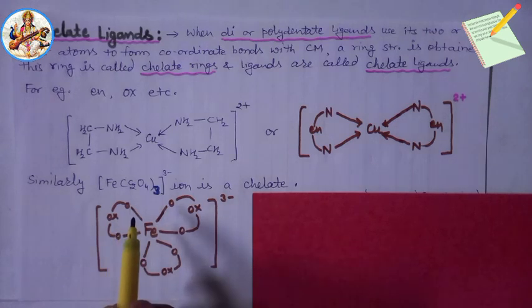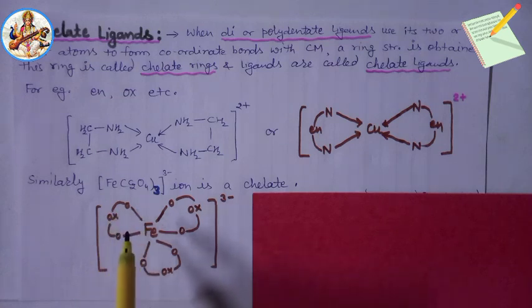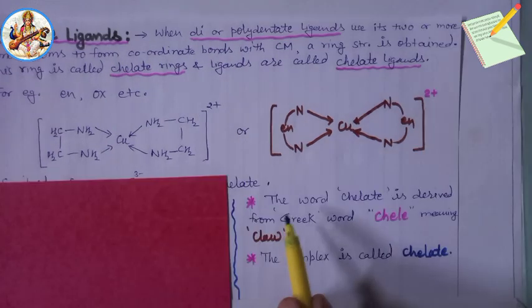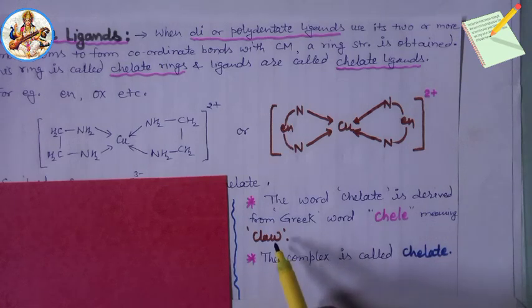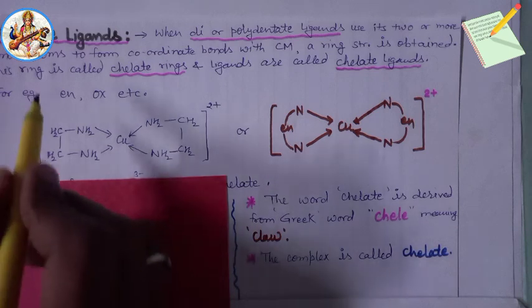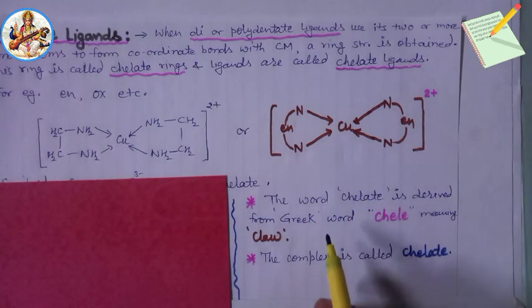Chelating ligands form stable complexes as compared to monodentate ligands. Very important, because cyclization provides stability to the complex. The word chelate is derived from the Greek word chel, which means claw. The complex formed with a chelating ligand is called a chelate. Very important.